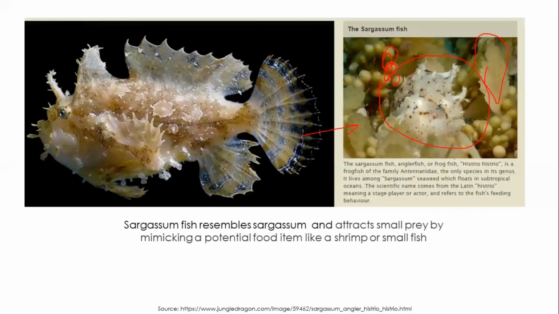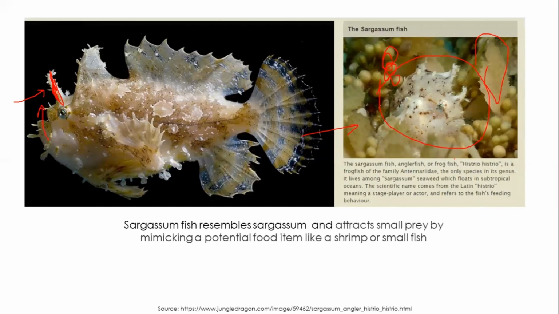In return, these fishes have a kind of esca. This is called the esca. It mimics a potential food item to some shrimps or small fishes, and when they come to get it, this anglerfish feeds on them, right? You can correlate this with what I said about the deep sea anglerfishes.